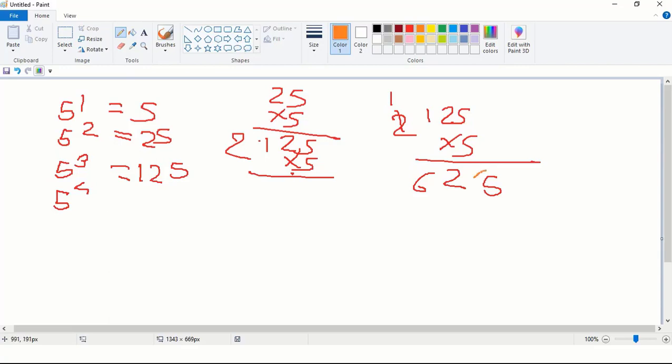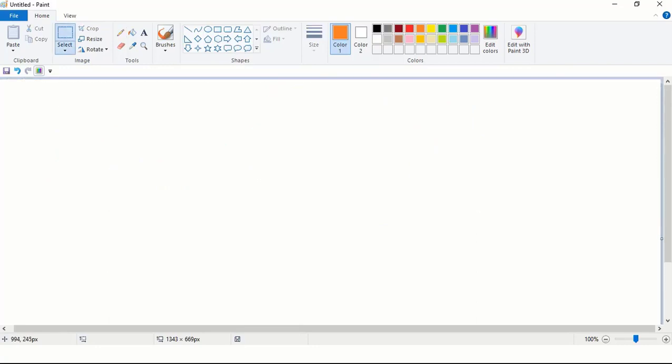This last digit of 5 power 4 is depending on this, correct, the last digit of the base. This and this, both numbers are the same. So what was our case?